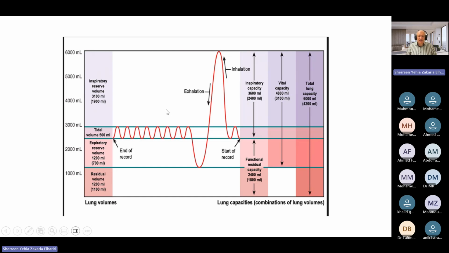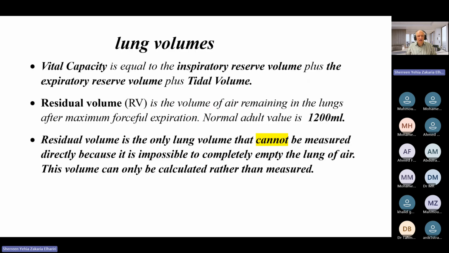Residual volume is the volume of air remaining in the lung after maximum forced expiration, about 1 liter 200. Residual volume is the only lung volume that can't be measured directly because it is impossible to completely empty the lung of air. So this volume can only be calculated.